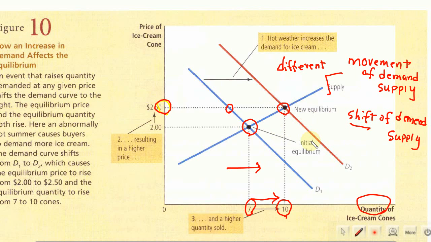Okay, then we can imagine a shift of demand and a shift of supply. Let's make an example like this. Sudden climate change, an unexpected temperature increase on certain days, then a sudden demand for ice cream cones because of the unexpected hot weather.